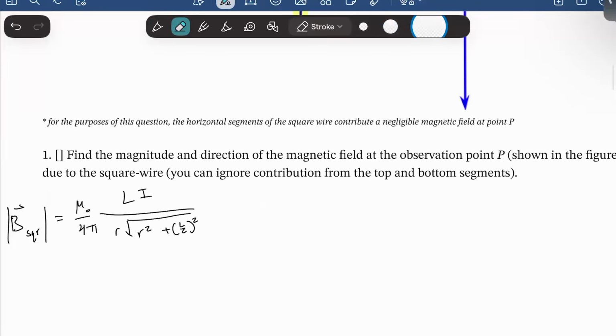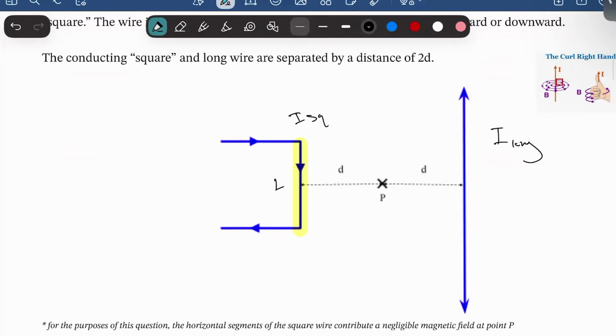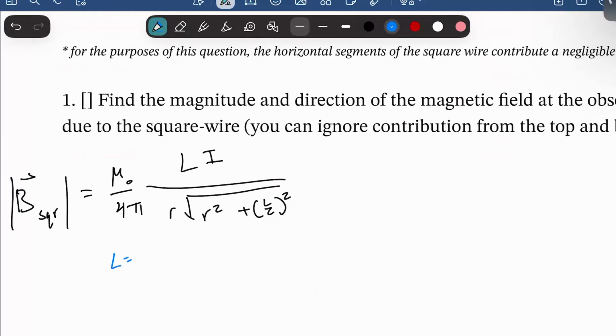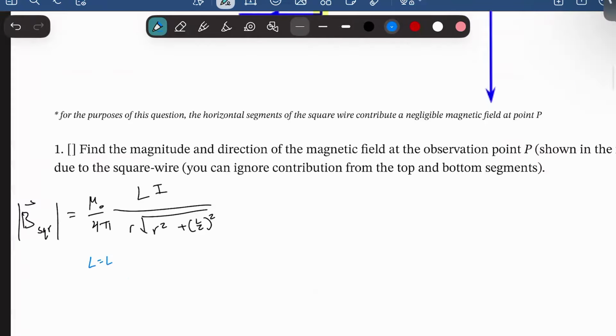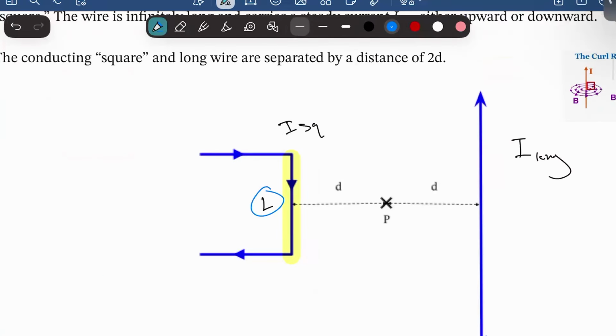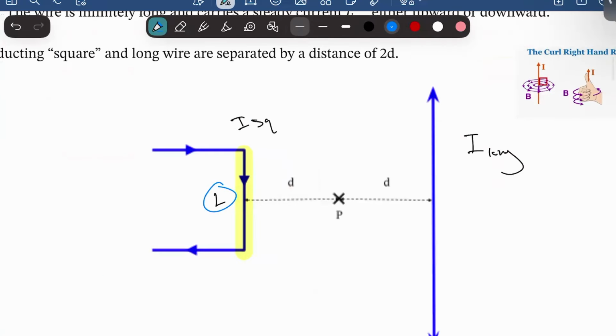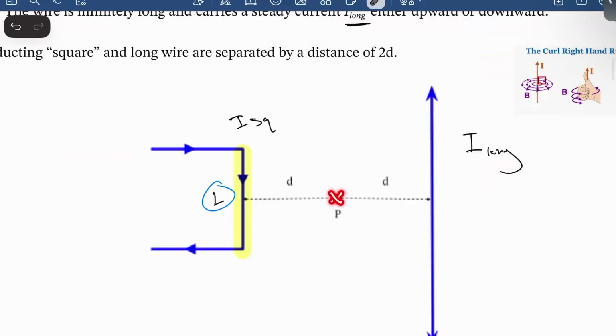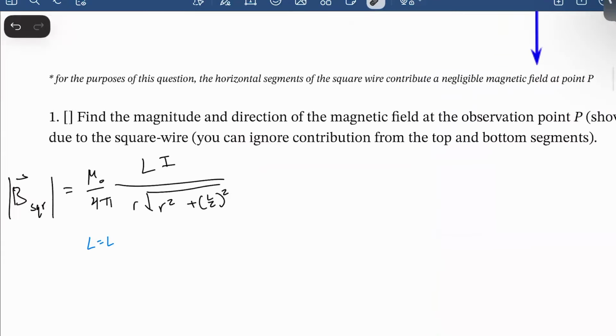Okay, so L is the length of the wire. In this case, L is just L. So we're gonna just keep L as L. That sounds a little silly, but R is going to be the magnitude of the relative position vector. So our observation is here, and it's this far away from the wire. And that distance is, of course, going to be d.